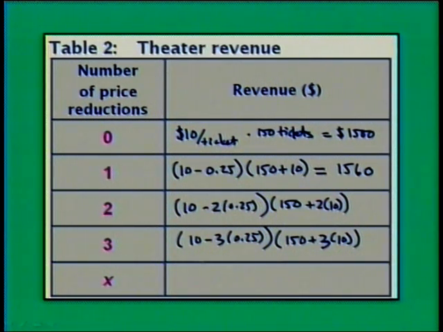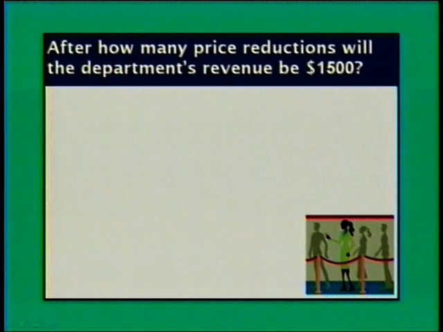So it seems to me that the pattern should be 10 minus 0.25 times the number of price reductions, that's the cost per ticket, times the number of tickets sold, which would be 150 plus 10x. Here's an expression for the revenue.